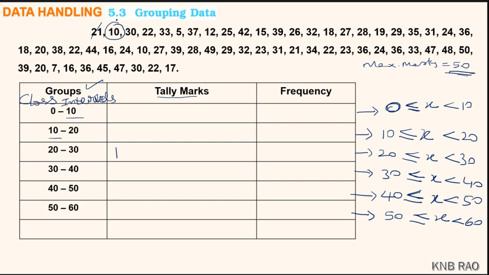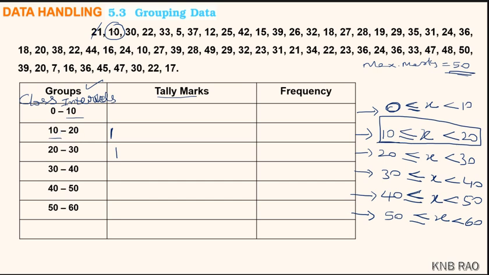So that means 10 does not fall in 0 to 10, it falls in the 10 to 20 class interval because of this convention, okay. An observation equal to the lower limit, let me explain the terminologies in the next slide.